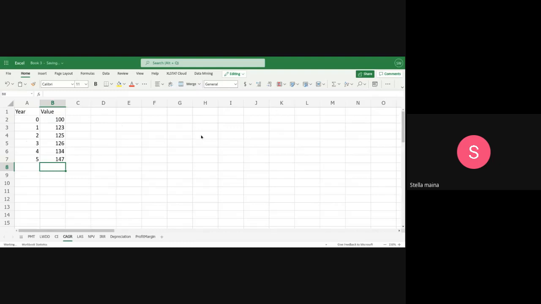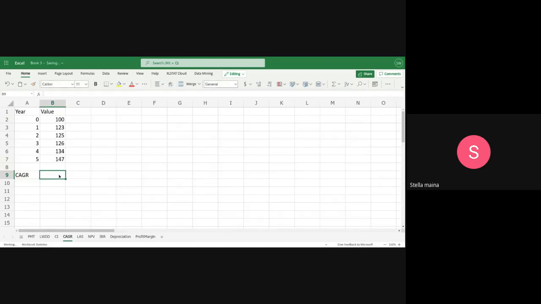So we want to calculate the compound annual growth rate.